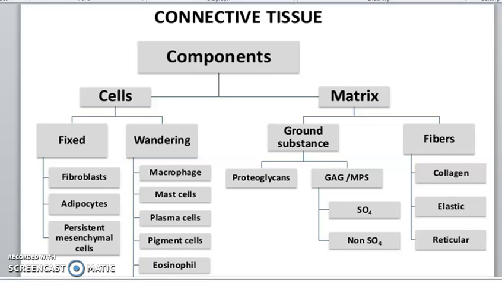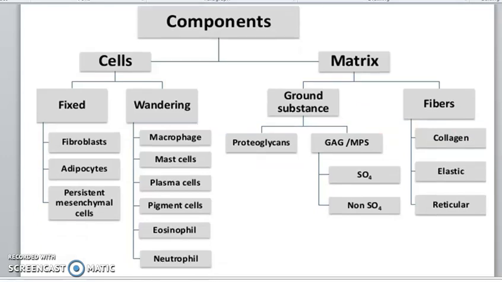For the fixed cells, there are the fibroblasts, the adipocytes, and the persistent mesenchymal cells. Whereas the wandering cells include the macrophages, the mast cells, plasma cells, pigment cells, eosinophils, as well as the neutrophils. The matrix is either ground substance or fibers.